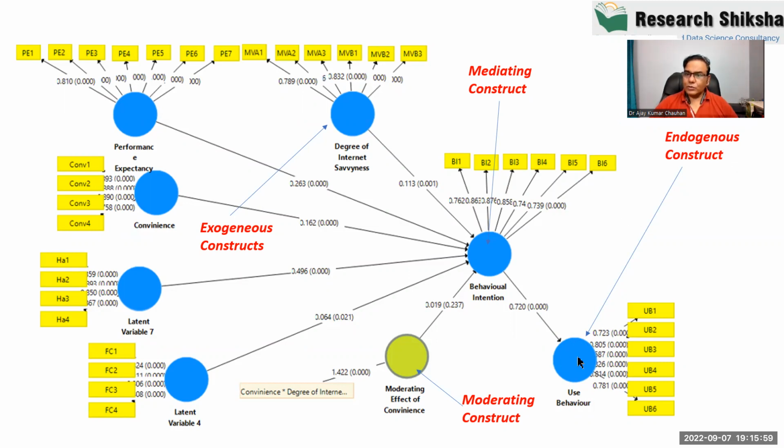The final usage behavior depends upon the intention, so intention comes in between. Any construct which comes in between the exogenous constructs and the usage behavior is called mediating. Some constructs may act as moderating; any of the independent constructs can also be a moderating construct. That we will discuss. I hope in this diagram you can easily identify which is exogenous, which is mediating, and which is endogenous.